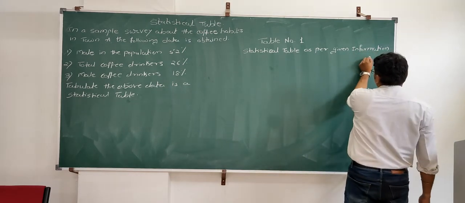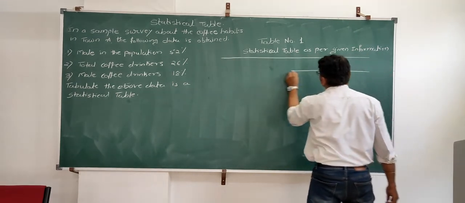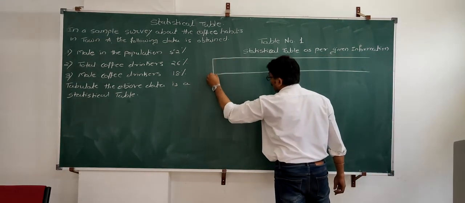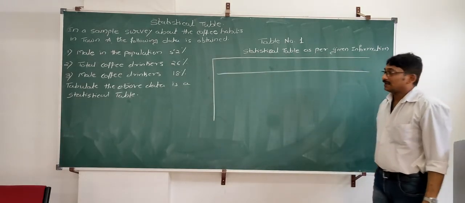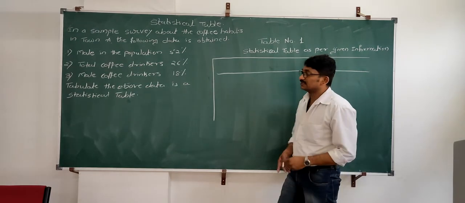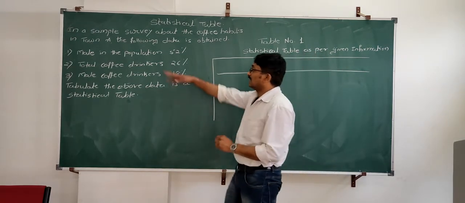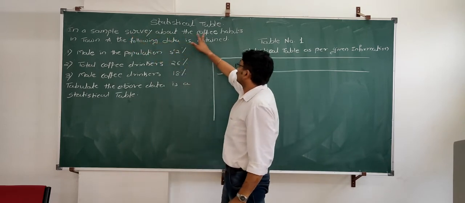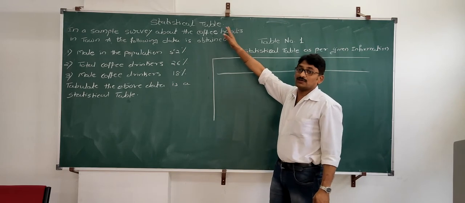Now I will prepare the structure of the table first. Keep 2 lines spacing over here. Okay, this is the structure. Now we have to check the information. In a sample survey about the coffee habits, this is the classification and tabulation of what?